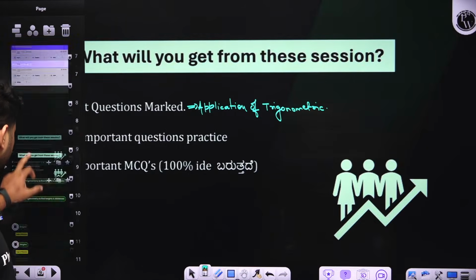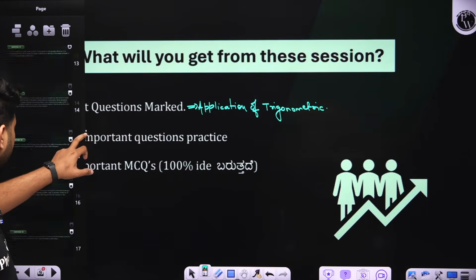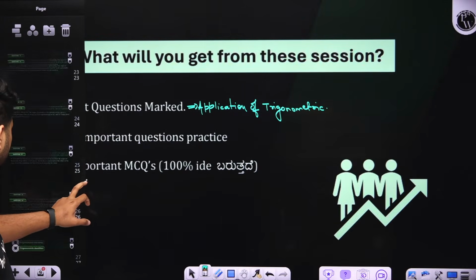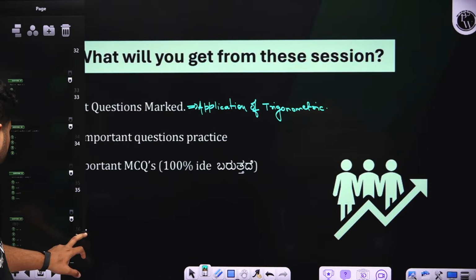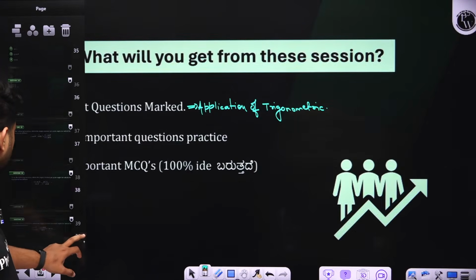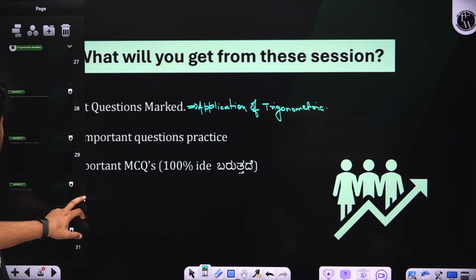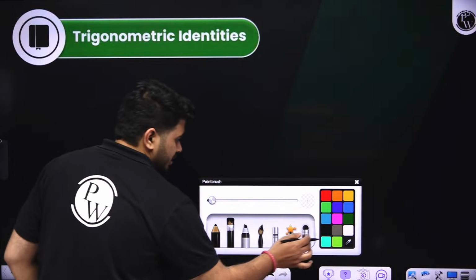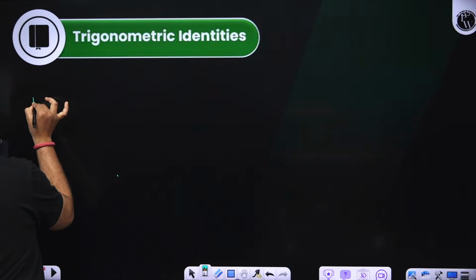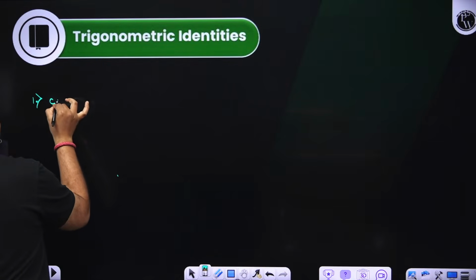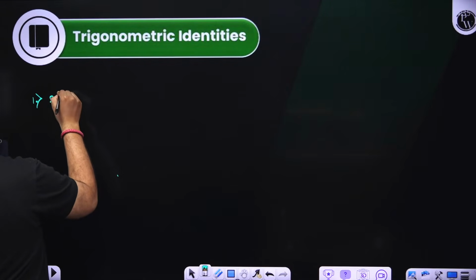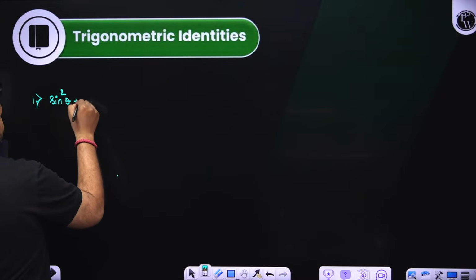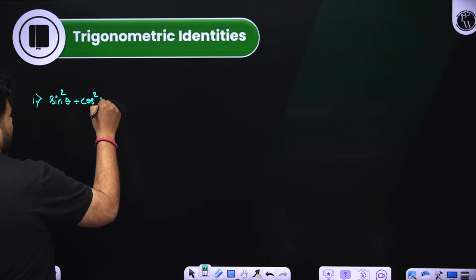Fine. So first we'll finish the trigonometric identities topic, finish that and then come to the other side. So when we talk about trigonometry identities, students, last class I had given that we have these identities. First one we have sin square theta plus cos square theta is equal to 1.